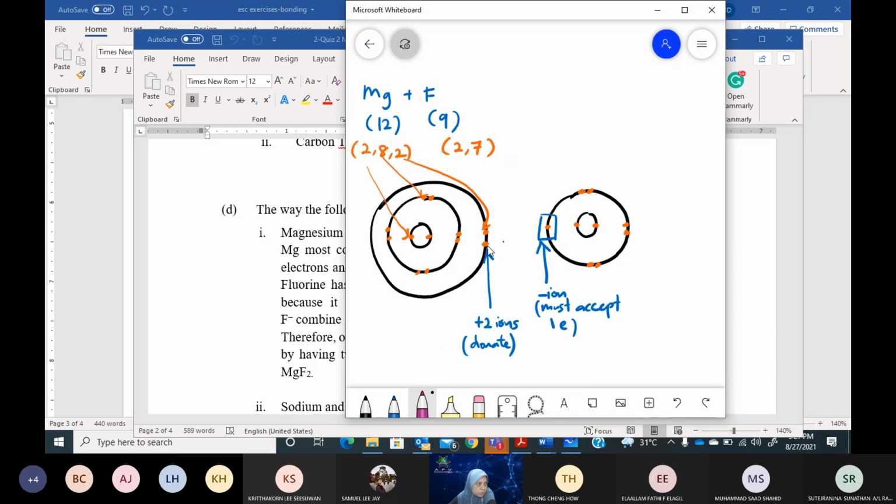So one of these will go to here to fill up this. Become one more here. But you have one more here. Must go to somewhere also. So you need two of this F. One will go to here.